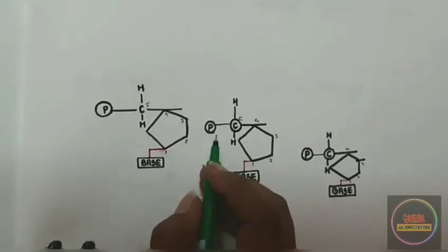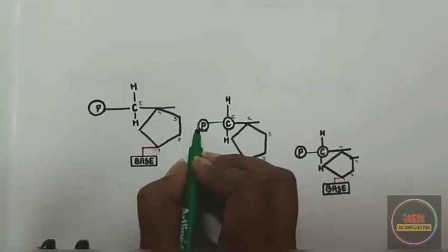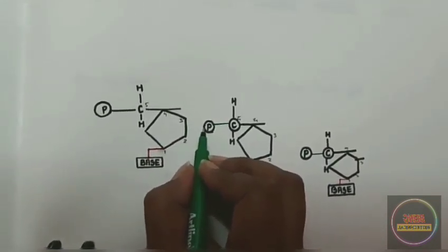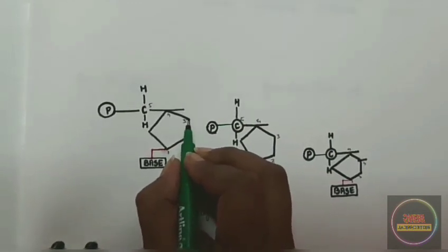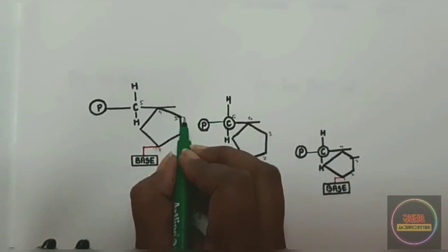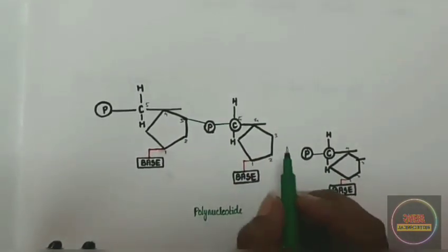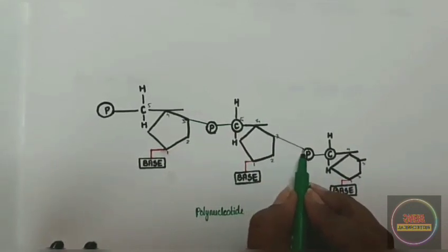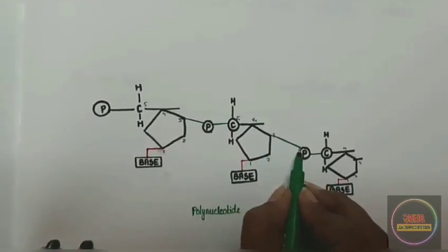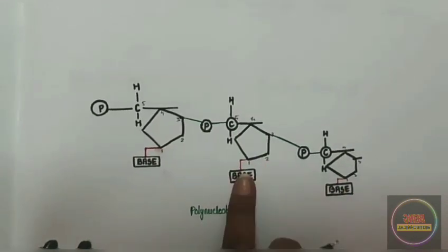Look at this carefully. Join this phosphate group with the 3' carbon of the successive nucleotide. Do this to all the nucleotides.